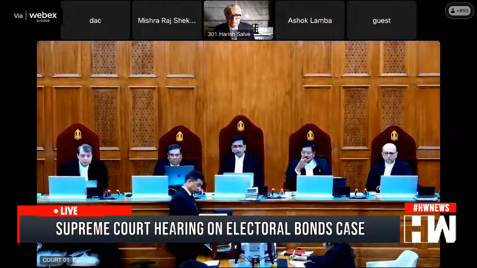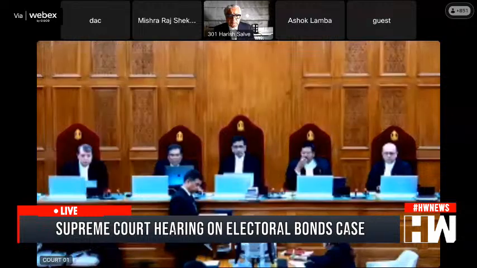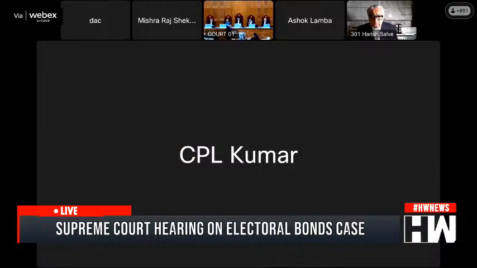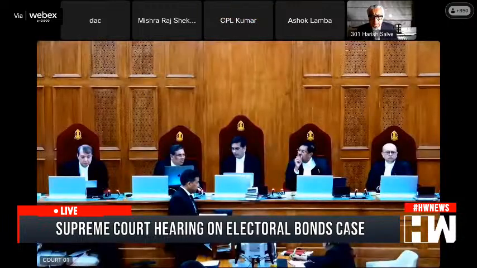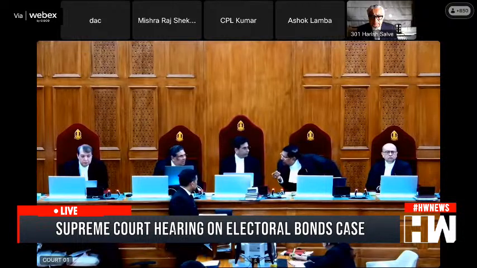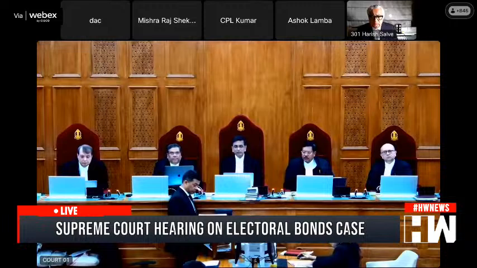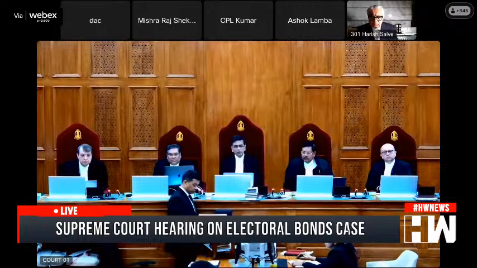The miscellaneous application. SBI shall file an affidavit of its chairman and managing director on compliance with the directions which have been issued above.